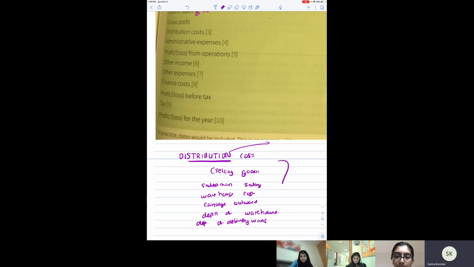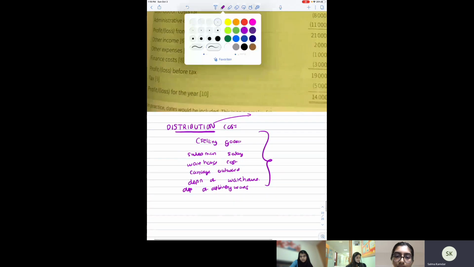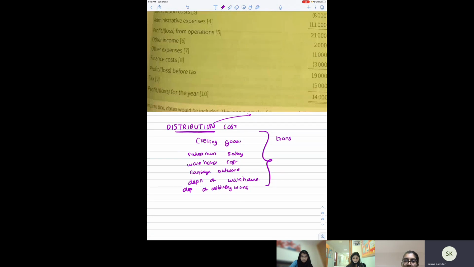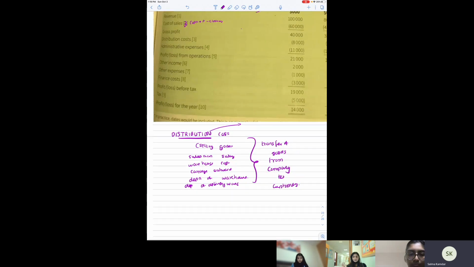Or I could say it will have any expenses that is associated with transfer of goods from company to customers. You can write it. So from the gross profit, the first expense that you deduct is the distribution costs.